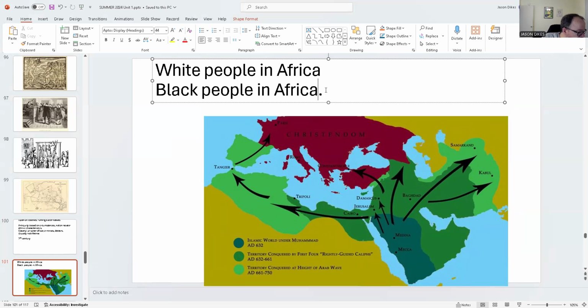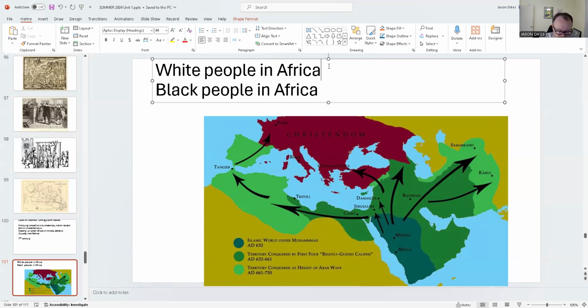The white people in Africa, and this is a truly tragic story I'm about to tell you. Again, it's this old Roman North Africa empire that had stretched from Egypt all the way along through here. Those are mainly descendants of the old Roman Empire, along with some of the Vikings that had made their way to that area.